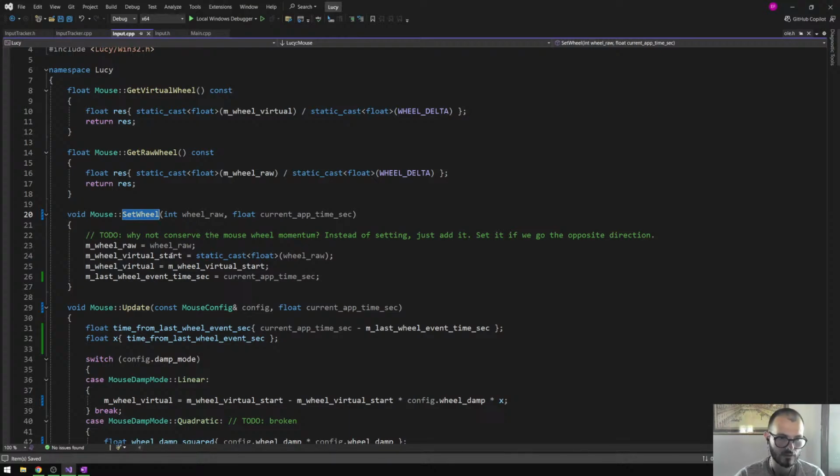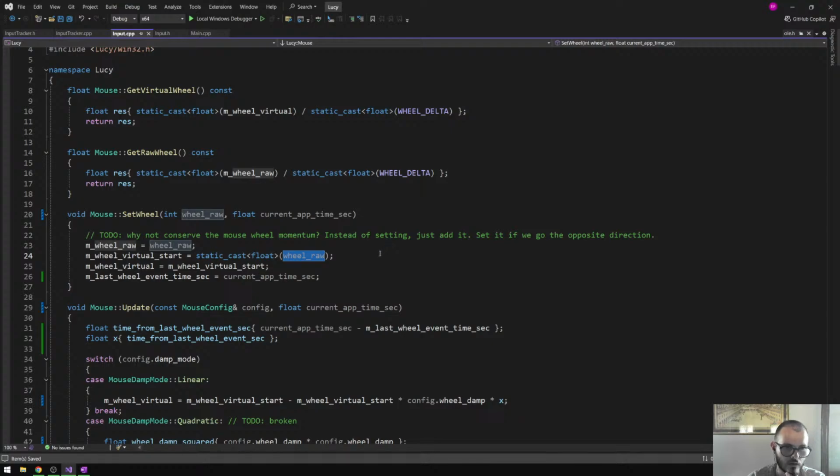So instead of just setting the wheel virtual to the virtual start, why not take the virtual and sum the virtual start to it? Obviously the virtual start will be updated accordingly.